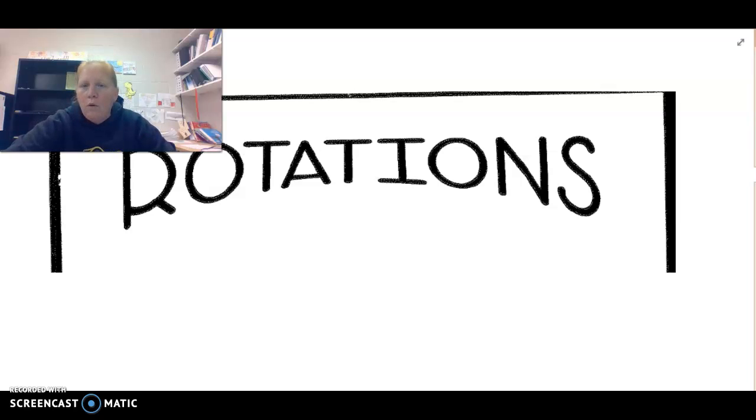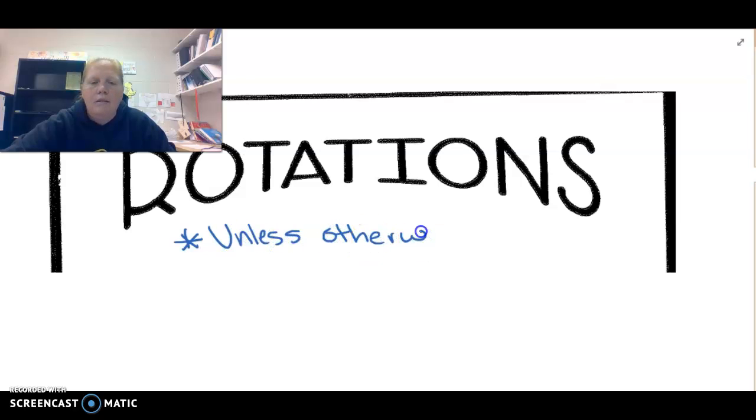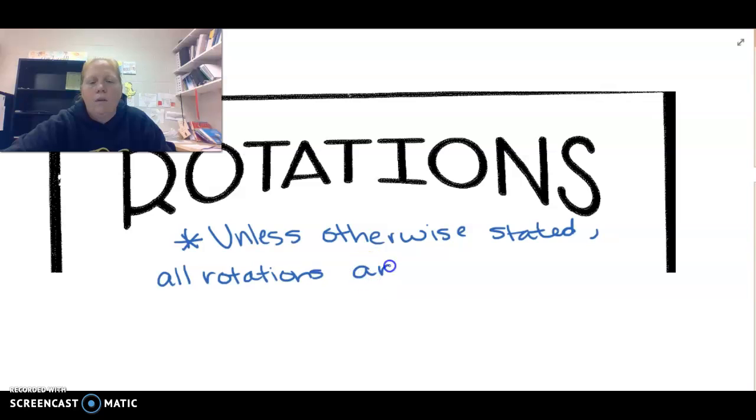All right, so what I want you to write right here under rotations, and it's something that's not mentioned in this foldable and probably should be, is: unless otherwise stated, all rotations are turned or rotated, whatever you want to use, counterclockwise.